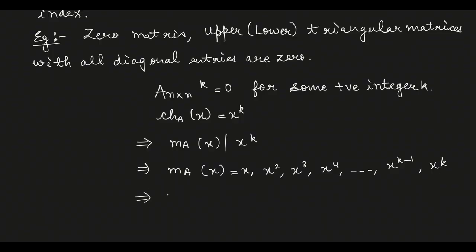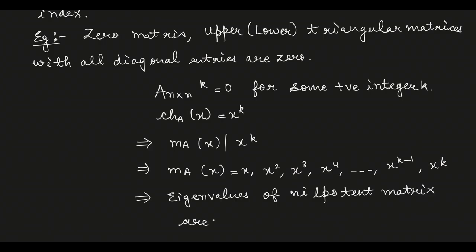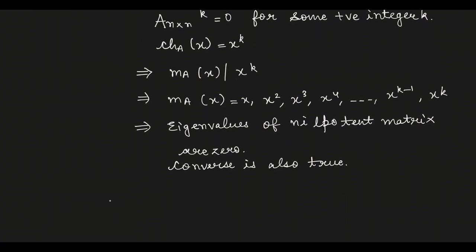So this means that eigenvalues of a nilpotent matrix are 0. The converse is also true. It means if any matrix has only eigenvalue 0, then it will be a nilpotent matrix.